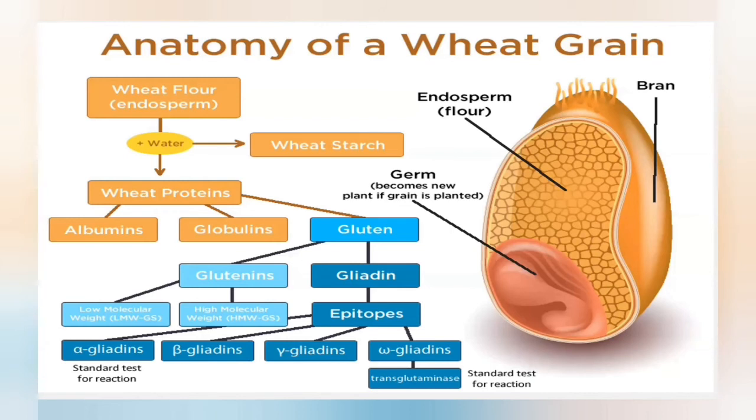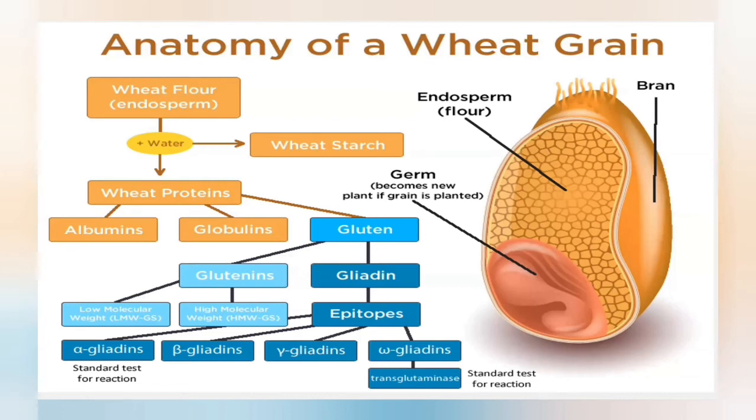A wheat grain, or any cereal grain for that matter, has a bran on the outside, an endosperm from where the flour or the starch comes out, and the germ, which becomes a new plant if the grain is planted. Coming to the wheat proteins, wheat flour will be divided into wheat starch and the wheat proteins. The wheat proteins have albumins and globulins and gluten.